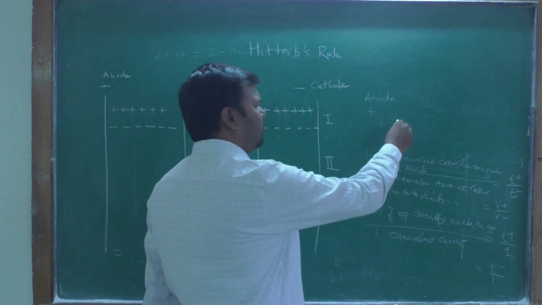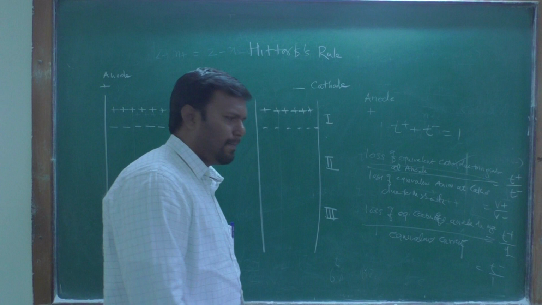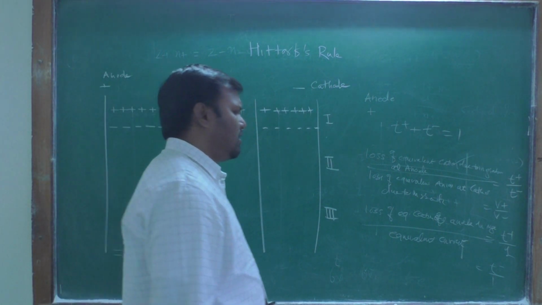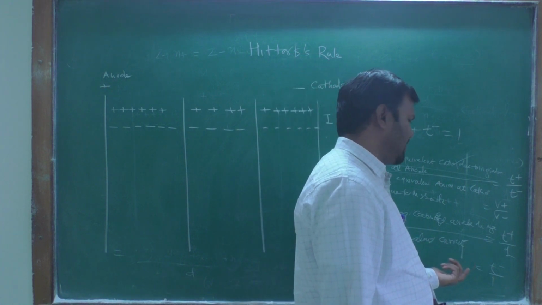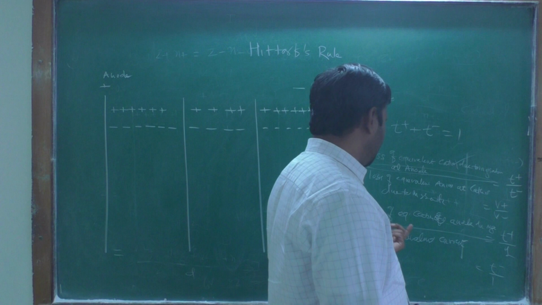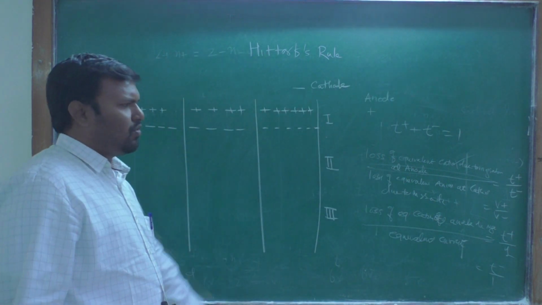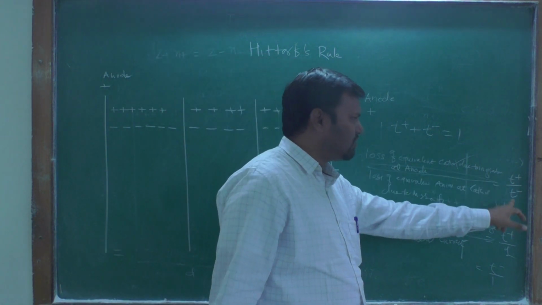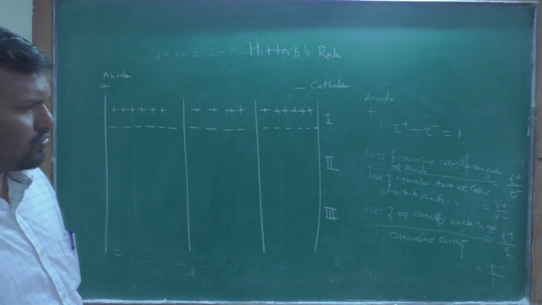We know that T plus plus T minus is equal to 1. When one equivalent current is passed, that value will be T plus upon 1. That is important. Loss of equivalent cation at the anode due to migration is T plus upon T minus, V plus upon V minus. That is Hittorf's rule.